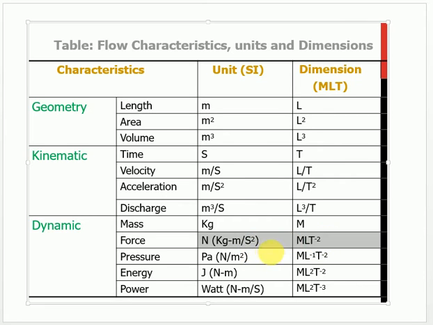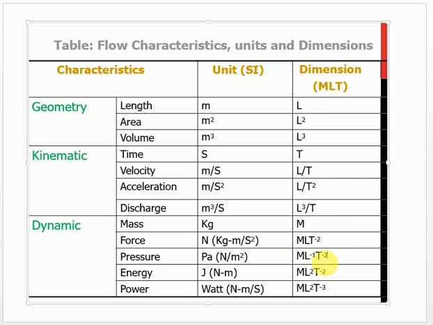Again, pressure is in terms of Pascal or Newton per meter square. For Newton we know M L T power minus 2, divided by L power 2, which is L power minus 2. L divided by L power 2 gets cancelled, and we get M L power minus 1 T power minus 2. If you put these in your notes, you can easily identify these things.